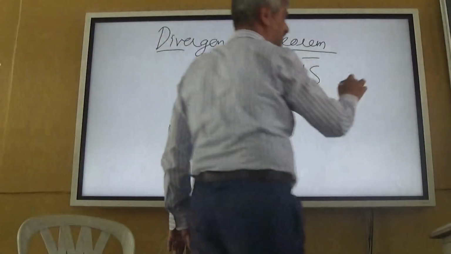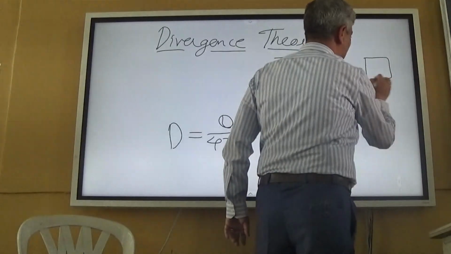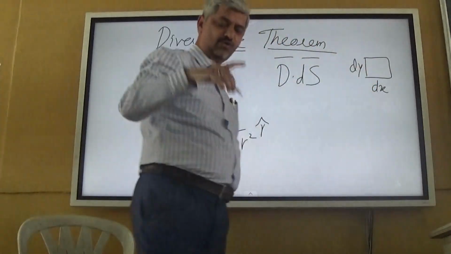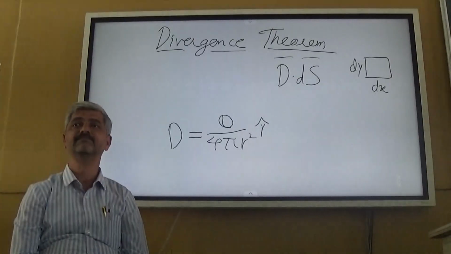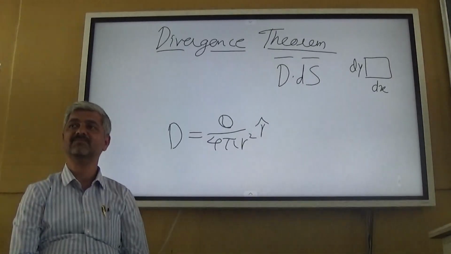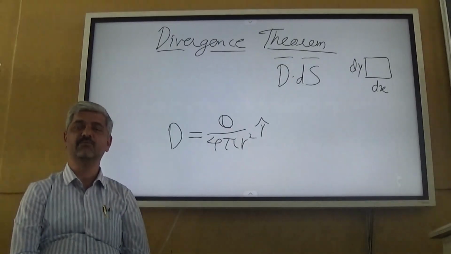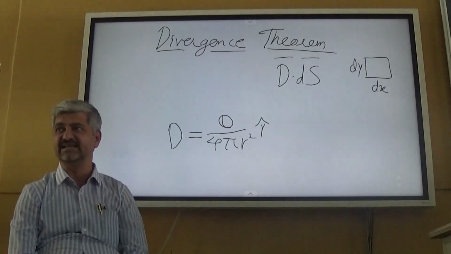When I was on the rectangular, square surface of a cube, I chose a small rectangle of dx dy. What was the direction of that small area? Outwards. Why? It was az, in the positive z direction.